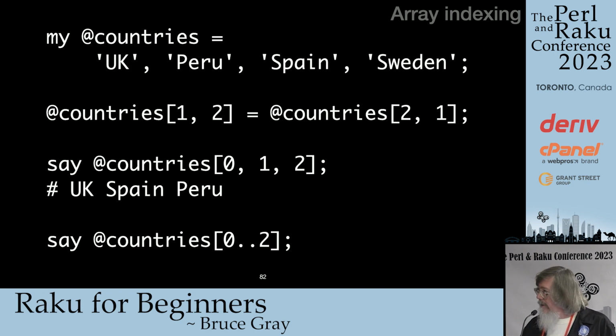I'll point out these partial references keep the @ sign. I may have a slide on this later, but in Perl, sigils are variant. They change depending on how you're using the variable. In Raku, sigils are invariant. They never change. If you were talking about the countries array, you will always use the at sign, whether you're getting part of it or all of it.